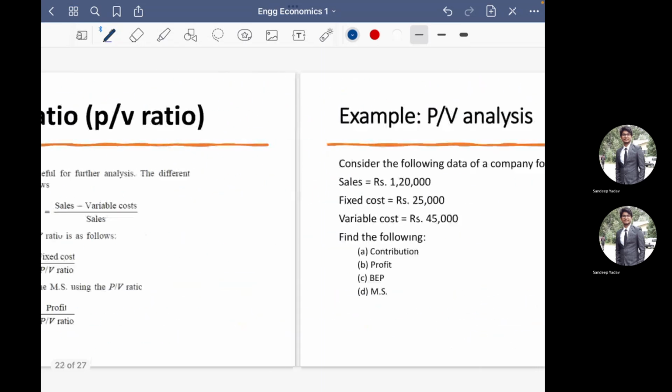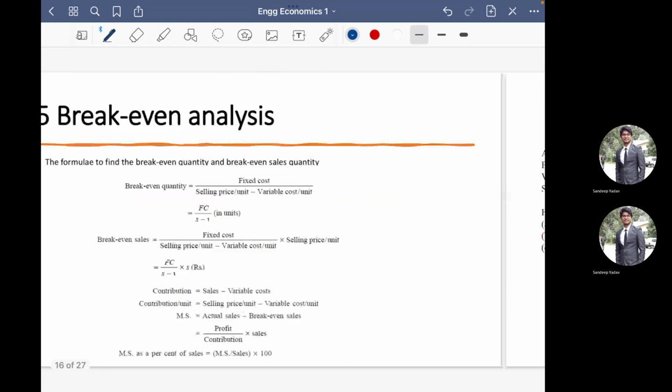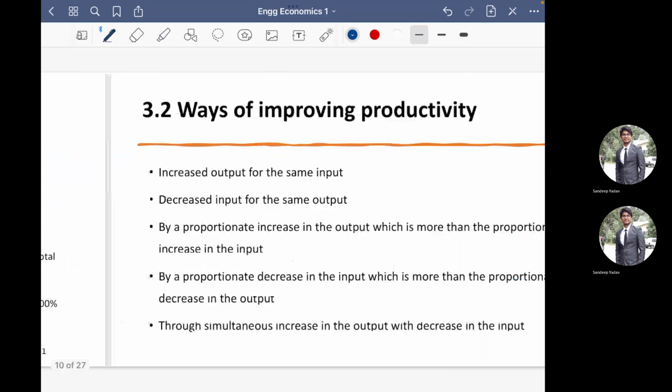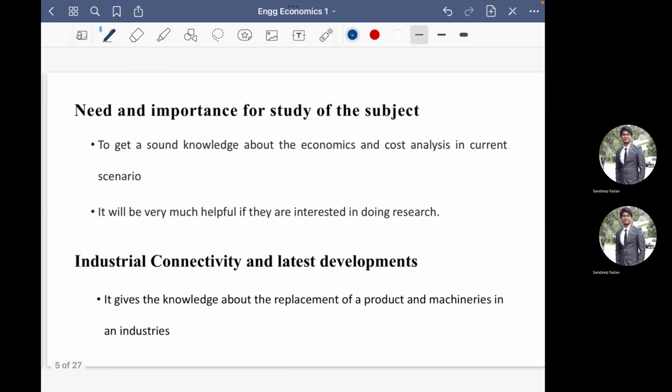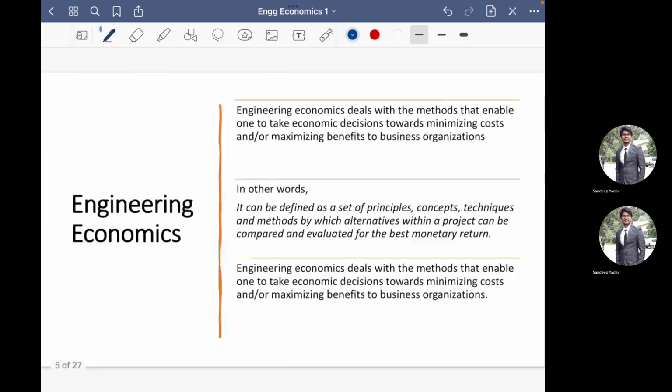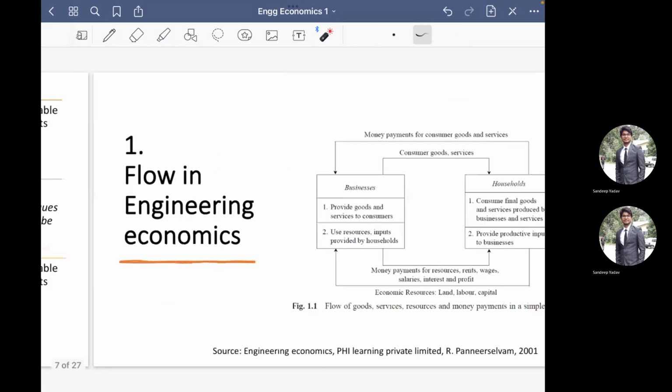Now let me revise once what we have done today. We have started with the aim and objective of this course. Here we have learned what is the need of that project, why we have to understand this, why it is necessary. Then in a similar manner we have defined what is engineering economics and its definition.